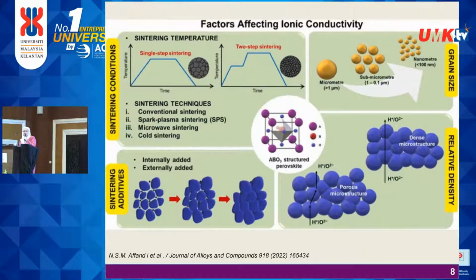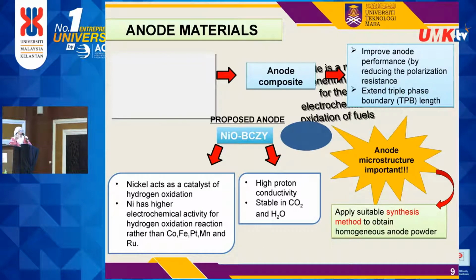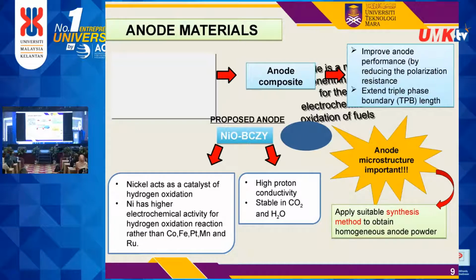For the anode material in our lab, we use a cermet, which consists of nickel oxide and BCZY, the metal coming from the nickel and the ceramic from the barium cerium zirconium oxide. In order to study the electrical properties of these anodes, we mostly use wet chemistry methods to tailor the structure or morphology of the materials.